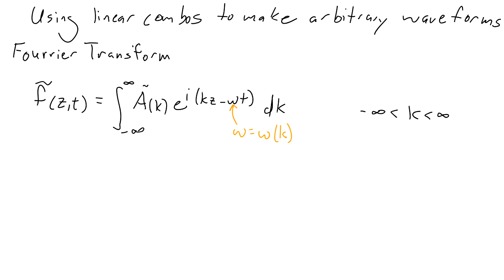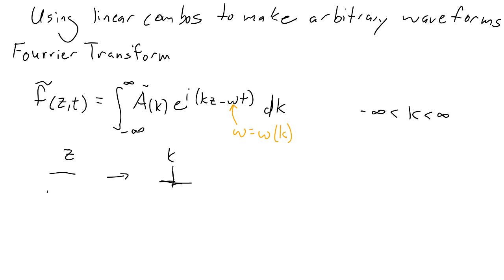And so here, let's make a column here, z, and here what it looks like in k. So something that is broad in z is going to look like a delta function in k. Something that's got a really super long wavelength is a delta function at 0 for k, centered at 0.